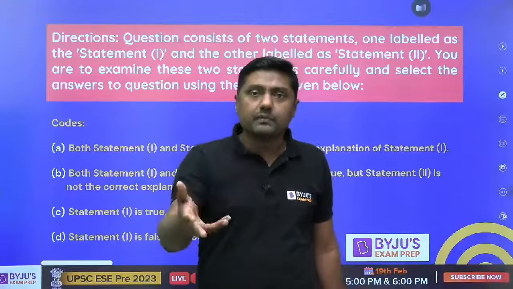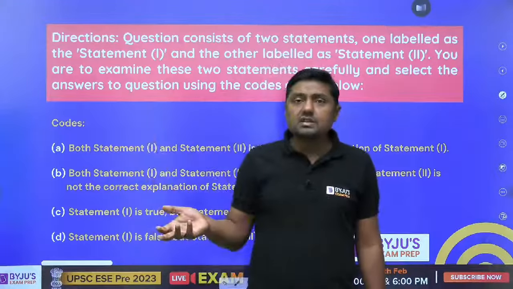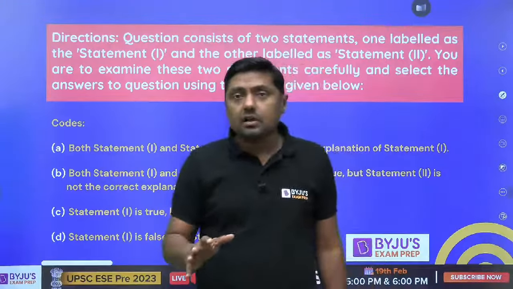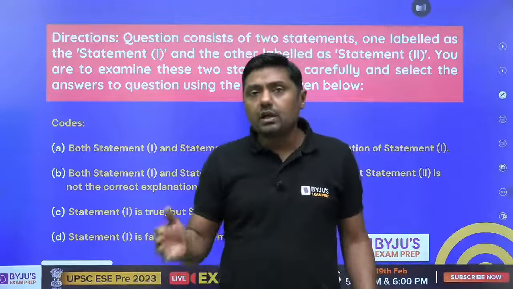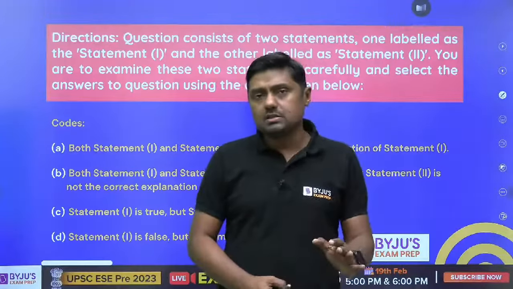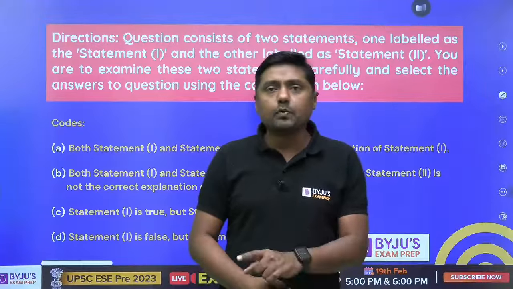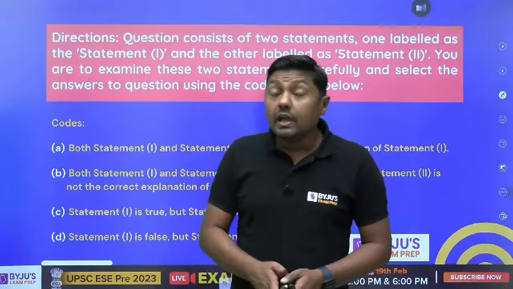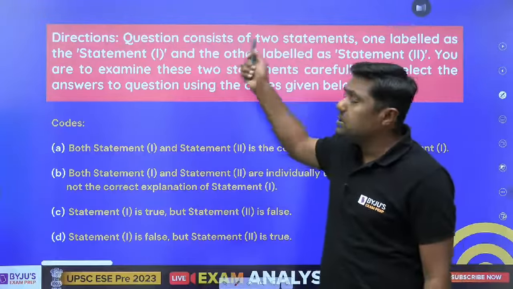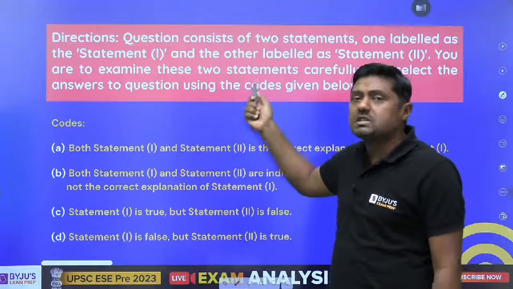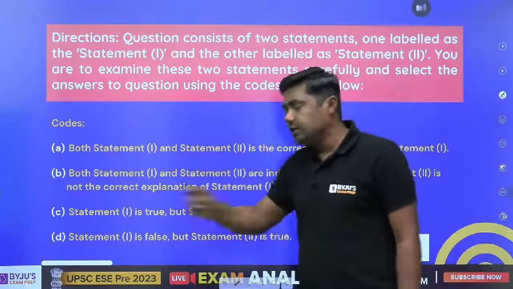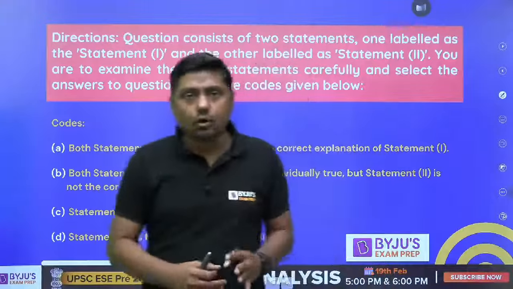Are you getting my point? In general studies, again assertion and reasoning, for civil branch again, for mechanical, for electrical, for electronics, for all branches, there will be assertion and reason in the technical portion as well as the non-technical portion. If statement number 1 is wrong, then no need to read statement number 2, directly go for D. I will give you the example also.